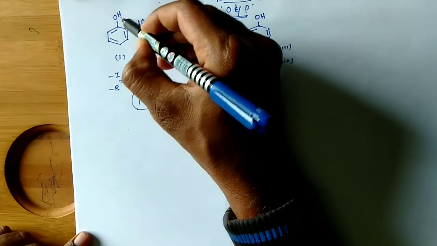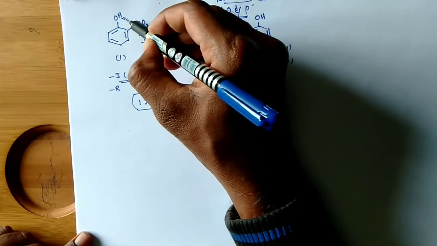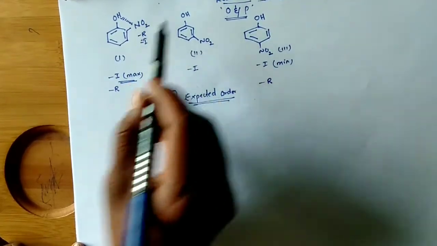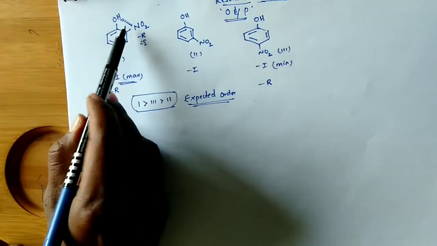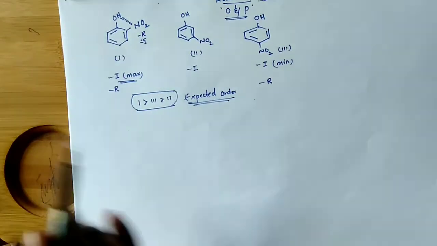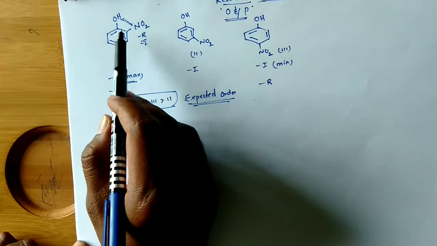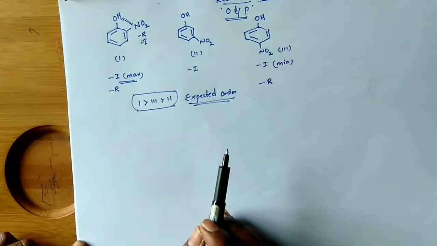If there is a hydrogen bond formation between this hydrogen, when minus R group is present at ortho position, there is a formation of hydrogen bond between hydrogen and this nitrogen. So if hydrogen bond forms, it shows less tendency to furnish the H plus ions.